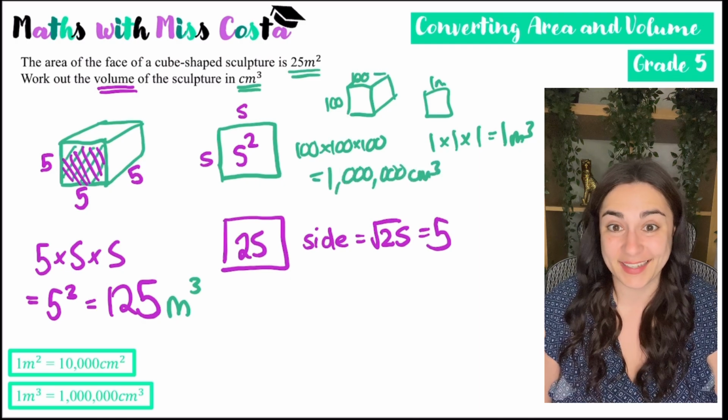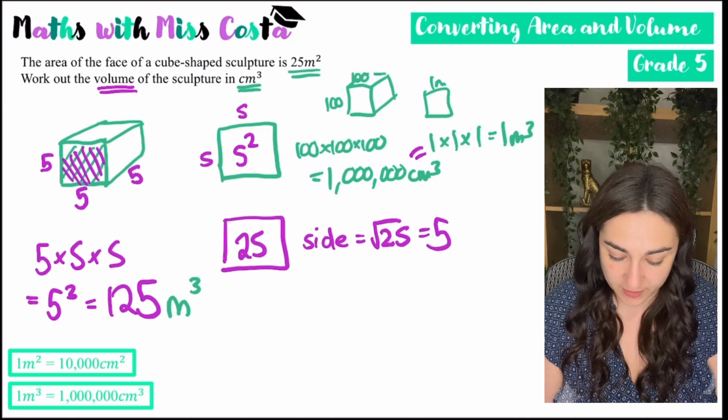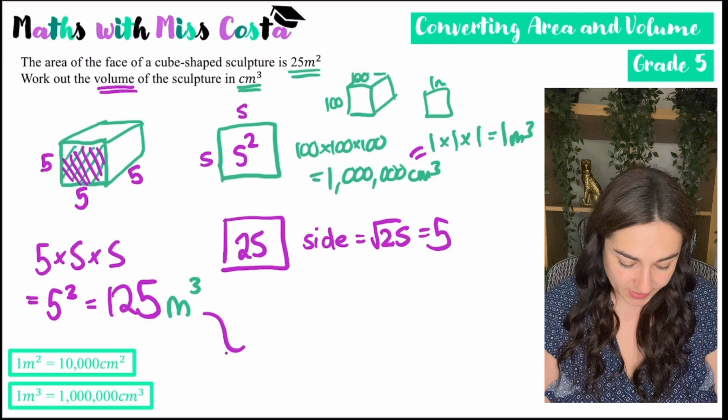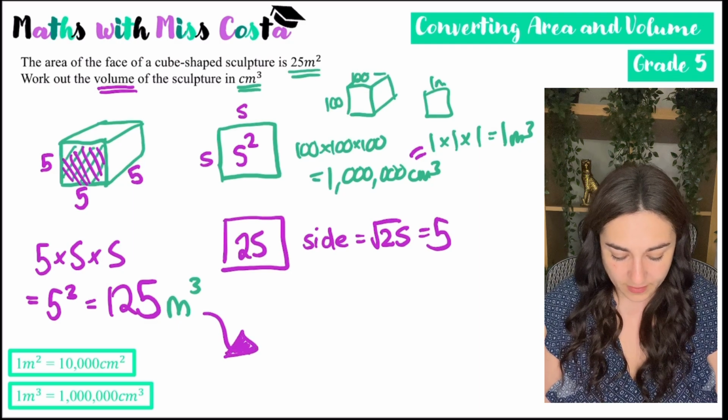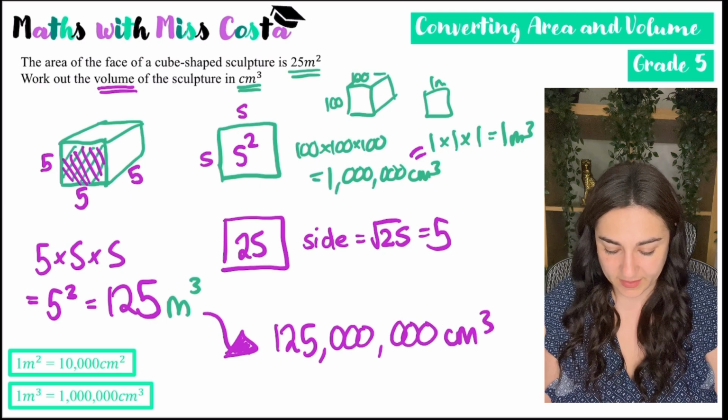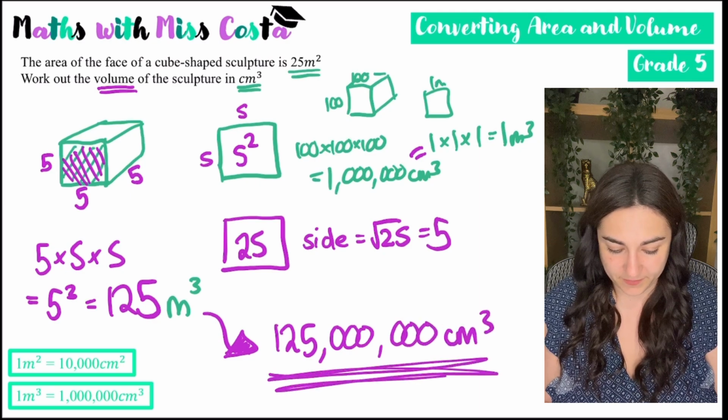So if you panic in an exam and you've forgotten, then just work them out yourself by equating the two. You know that 1 meter is 100 centimeters. So therefore, it would be 125 million centimeters cubed.